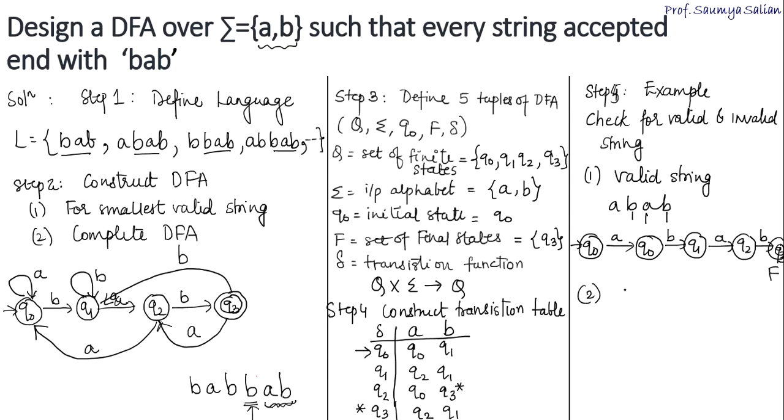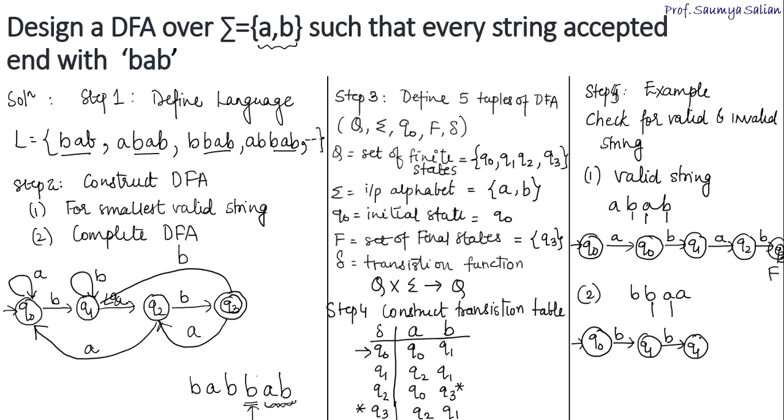Next, we'll take an invalid input. Let's suppose I am taking B, B, A, A. Right? So let's start. Q0 on input B goes to Q1. Next input is B. Q1 on B stays in Q1 itself.